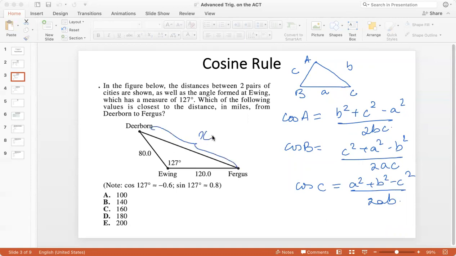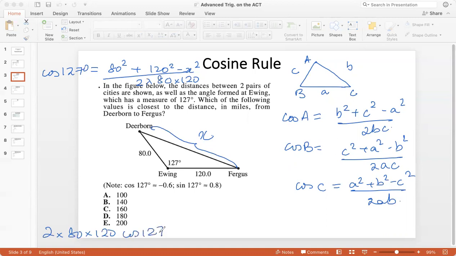So if I apply the cosine rule, I can say cos 127 is 80 squared plus 120 squared minus x squared over 2 into 80 into 120.